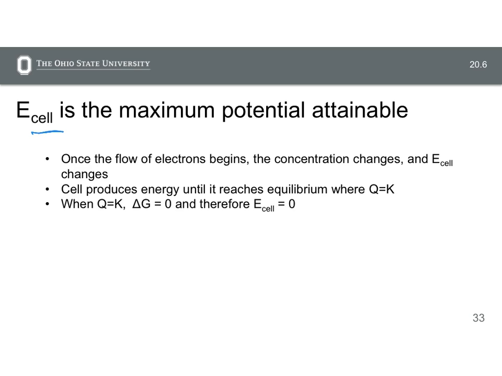When you calculate the cell potential, that is the maximum potential that is attainable. Once the electrons start flowing in a galvanic cell or a voltaic cell, the concentrations change. So you're converting an ion to a solid, and a solid to an ion.